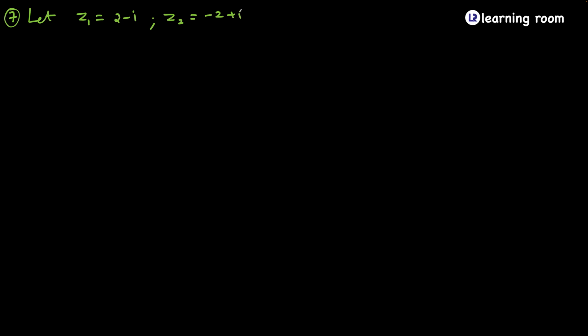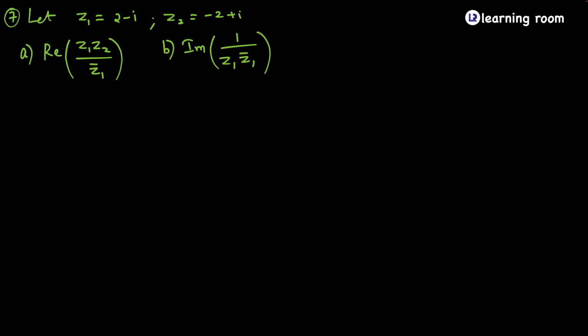Find A, the real part of Z1 Z2 divided by Z1 conjugate, and B is the imaginary part of 1 by Z1 Z1 conjugate. So that's what the question is, right?